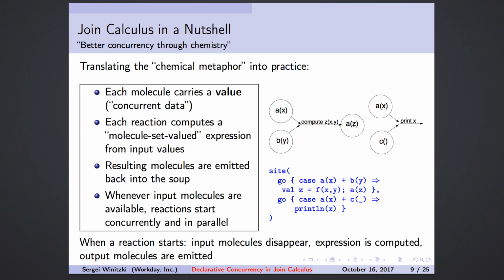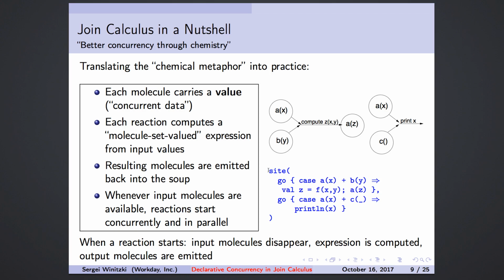So there must be some Z here on top of A. And so the reaction is a function that computes Z using X and Y as arguments. That's how we are going to use the chemical simulator to perform actual computation.